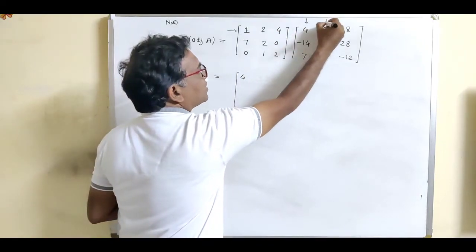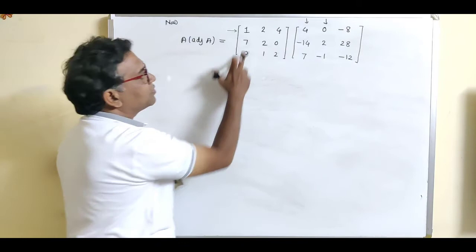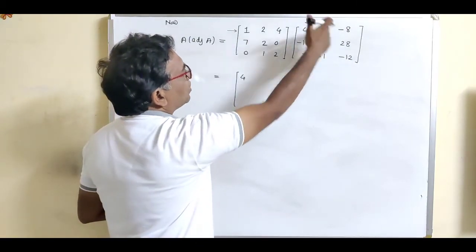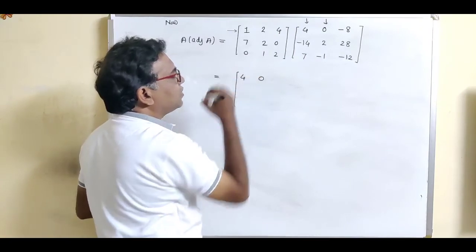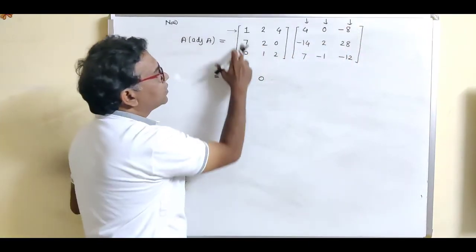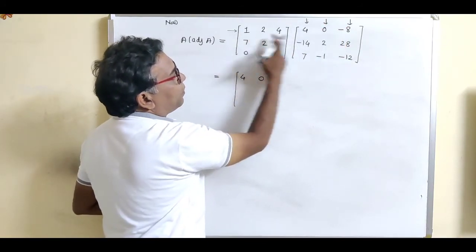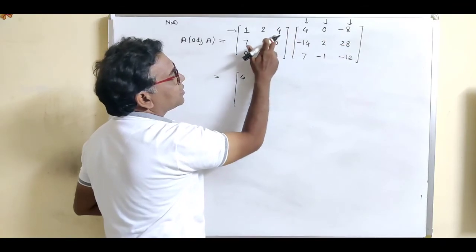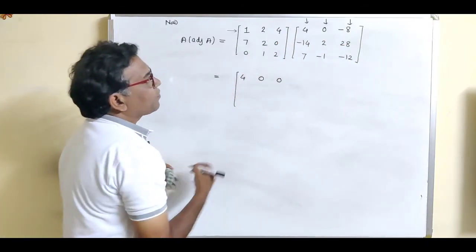First row and second column, take the product of the corresponding elements and take their addition. 0 plus 4 minus 4, it is 0. First row and third column, minus 8 plus 56 and minus 48. So this is again 0.